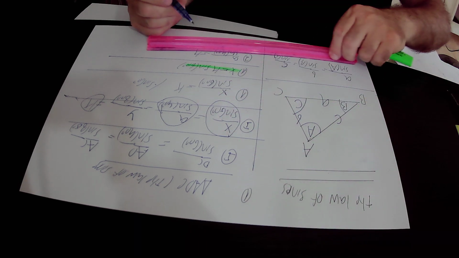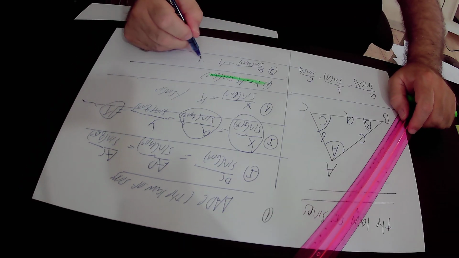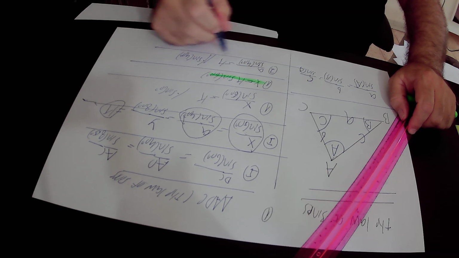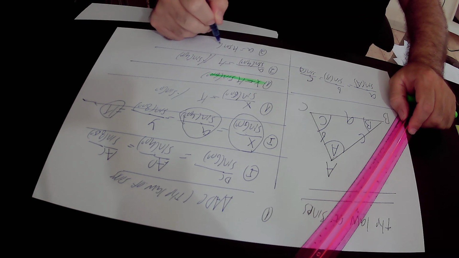So here we multiply this equation, equation number 2, by sine 40 degrees, and we get that a equals k times sine 40 degrees.